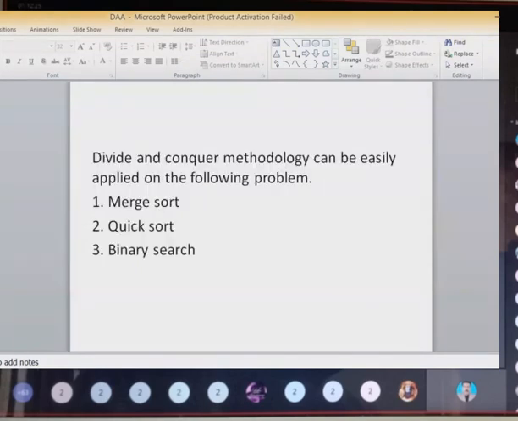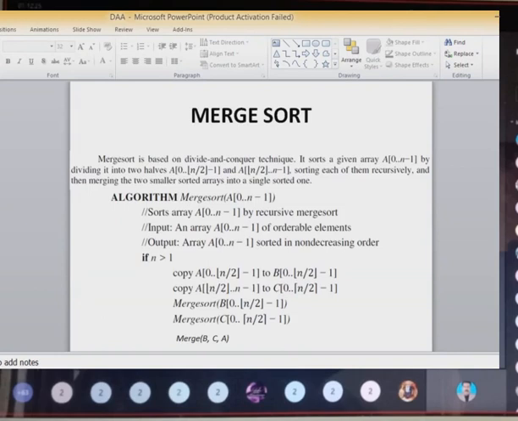Next, the divide and conquer methodology can be easily applied on the following problems: merge sort, quick sort, and binary search. The first sorting type is merge sort. We can apply divide and conquer in merge sort.